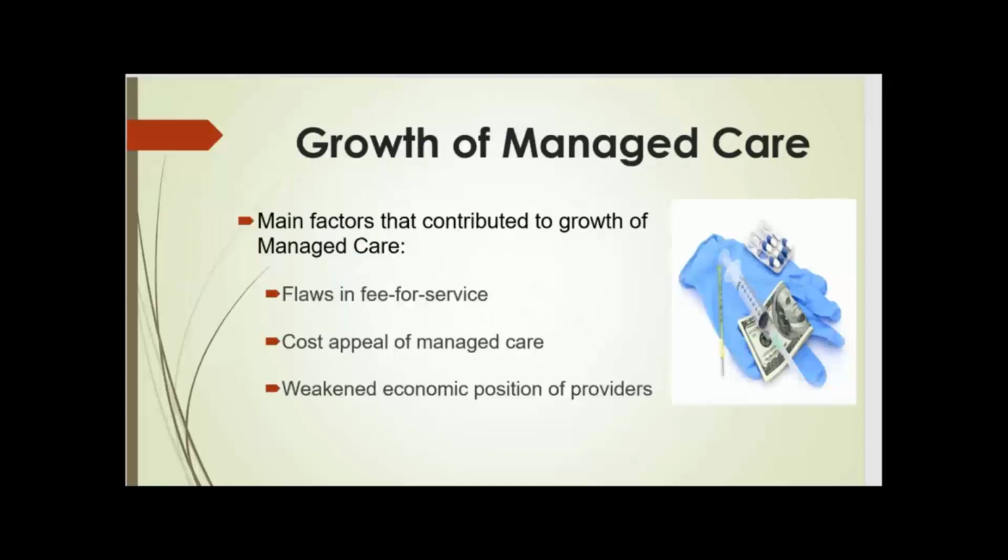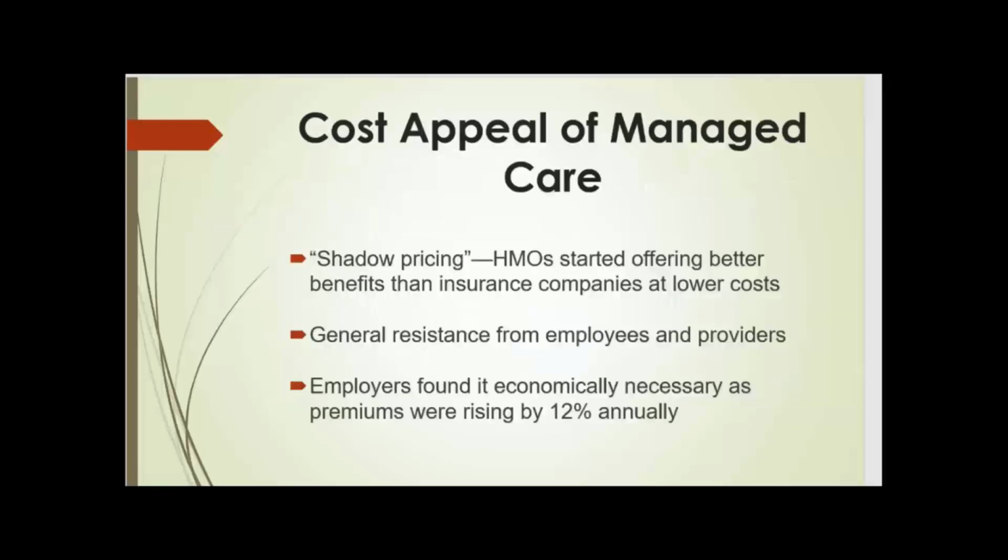So the main factors that contributed. The first one, flaws in fee-for-service, which I just briefly touched on. The second one, the cost appeal of managed care. All right, so regarding cost appeal of managed care, let me jump to slide number 21. Here we go.